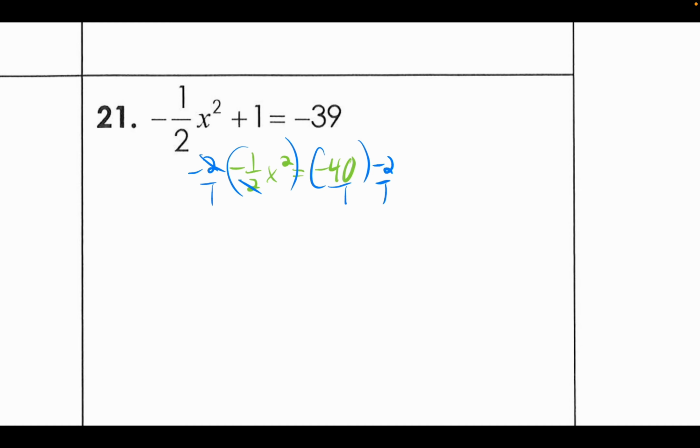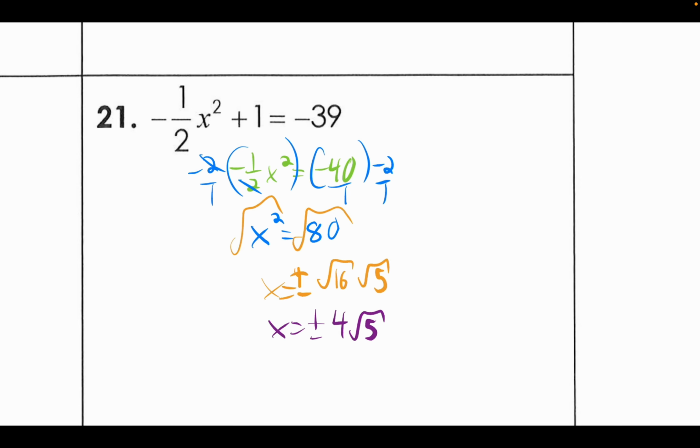And so we end up getting negative times a negative, which is a positive, and we get positive x squared. Whereas on the right-hand side, we multiply negative 40 times negative 2 and get positive 80. I then square root both sides, and I get x equals positive and negative square root of 16 times the square root of 5. So this becomes positive and negative 4 times the square root of 5.